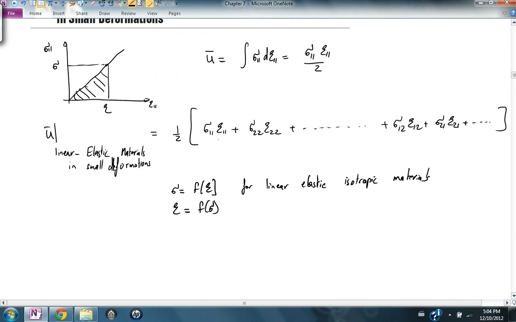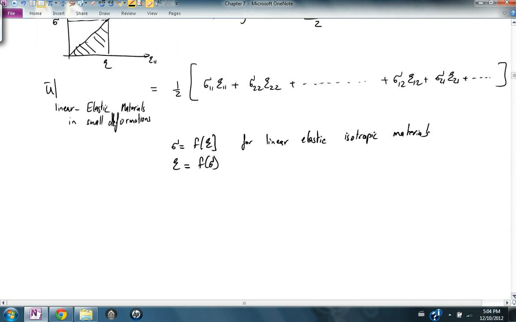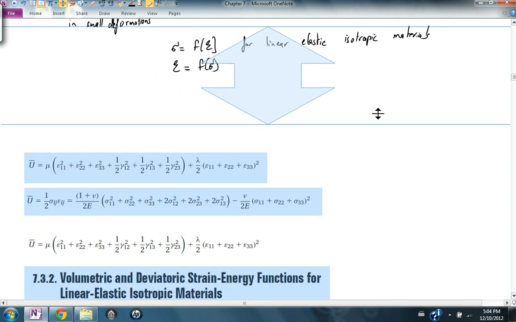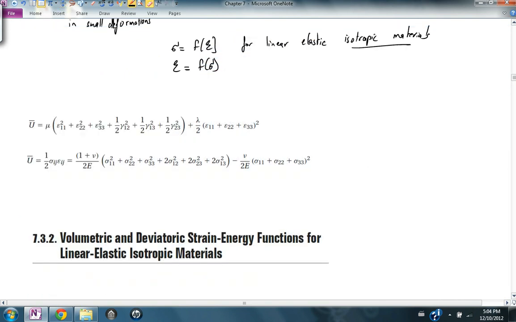So if I replace the strains or the stresses with each other, I reach the following two very important forms for linear elastic isotropic materials. I can write the strain energy per unit volume as a function of the strains, or I can write the strain energy as a function of the stresses.